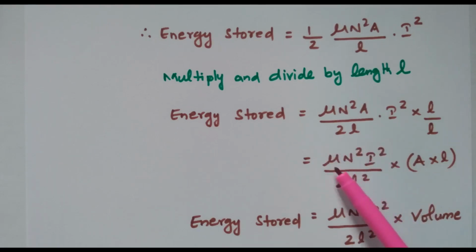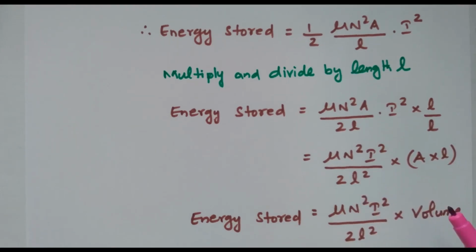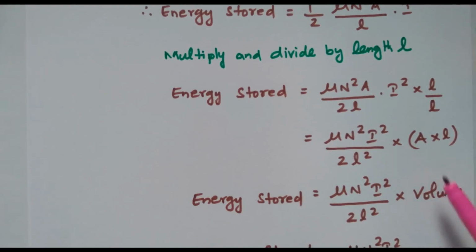The remaining terms are mu n square I square divided by 2L; here 2L, and one more L, gives L square. What is area into length? It is nothing but volume. Area refers to two parameters, breadth into height, and into length makes three parameters, which is a volume. Now energy stored equals mu n square I square divided by 2L square into volume.